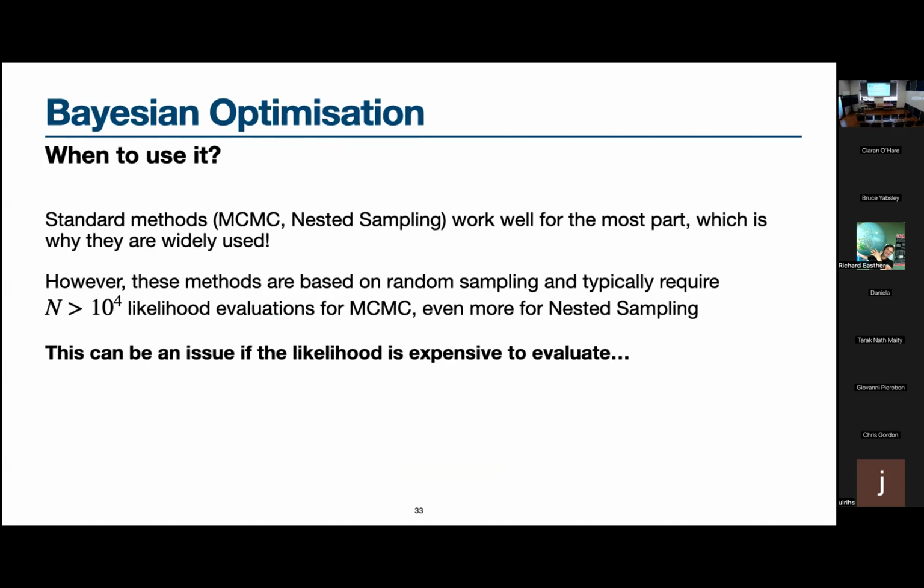But the issue is that because of random sampling, they're required to evaluate your likelihood at a very large number of points. So for typical examples in cosmology, you would require at least 10,000 evaluations or even more. This can be very problematic if your likelihood function is very costly to evaluate. So if your likelihood takes a lot of time to evaluate, you really don't want to rely on evaluating it thousands of times.